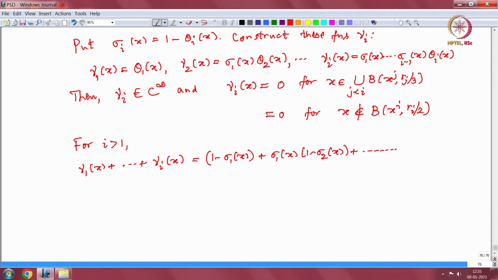Okay. Write down all those things and you get this: 1 minus sigma 2 x, sigma i x. And since these sigmas, just see the definition here.